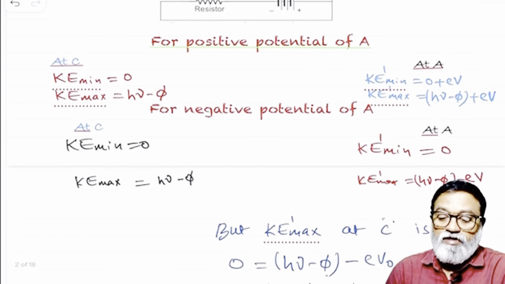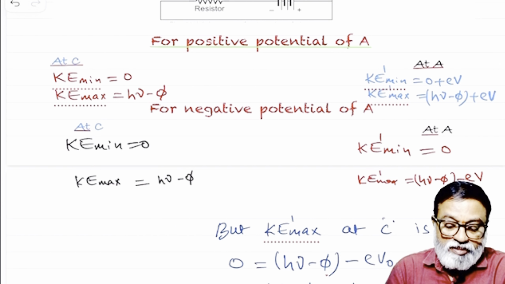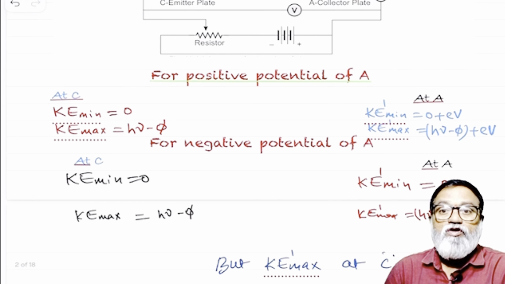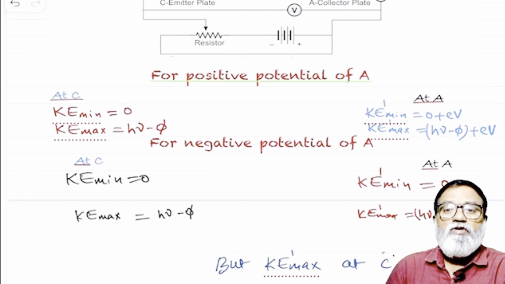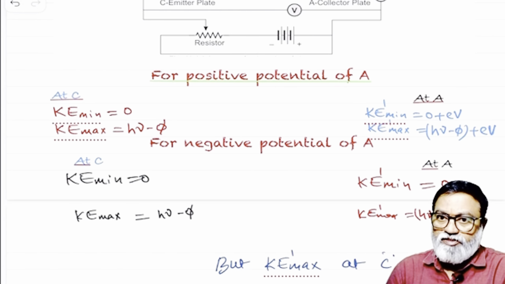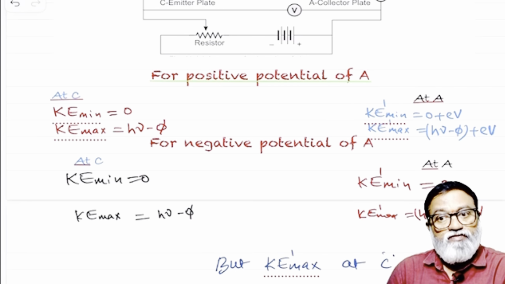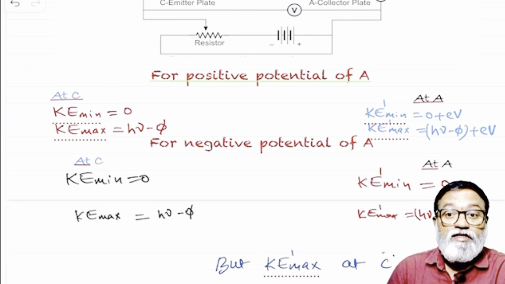For example, when the anode potential is negative with respect to the cathode, see at C, KE minimum is equal to 0. Here, when the anode potential is negative, it will repel the electrons. Therefore, only some electrons having maximum kinetic energy will reach the anode. But as the negative potential of the anode increases, even the electrons having maximum kinetic energy cannot reach the anode.